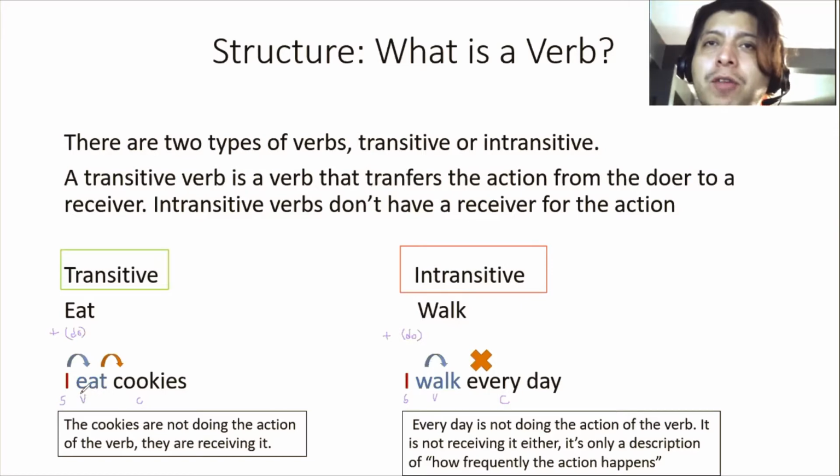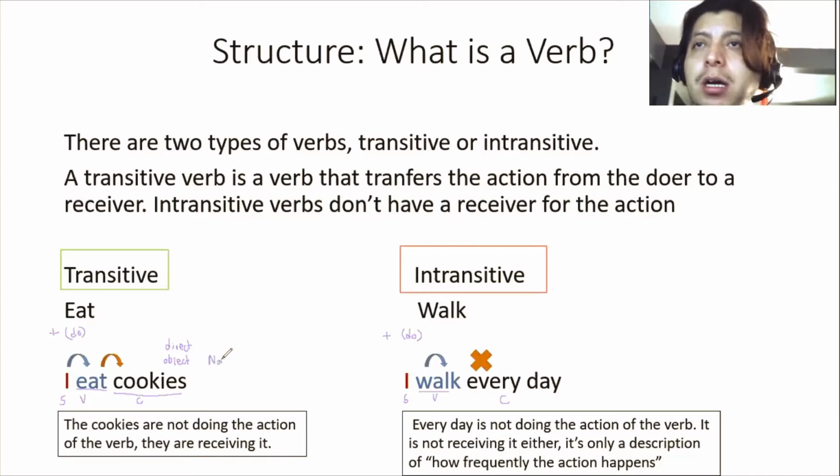But you have two different verbs. You have the verb eat and the verb walk. What is the difference? The difference is that the complement, in this case, is called an object, a direct object. Do you remember what a direct object is? We were checking that when we were checking pronouns and everything. The direct object is a noun, is a thing.